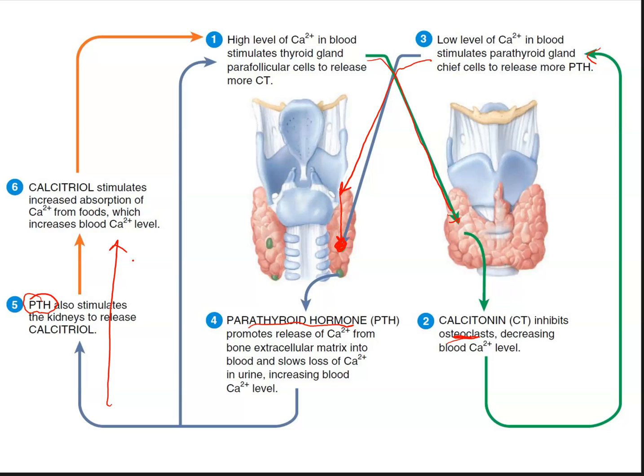Along with osteoclast activity, parathyroid hormone also increases the activity of calcitriol, or D3. So the calcitriol increases the absorption of calcium from food, which also leads to an increase in blood calcium.